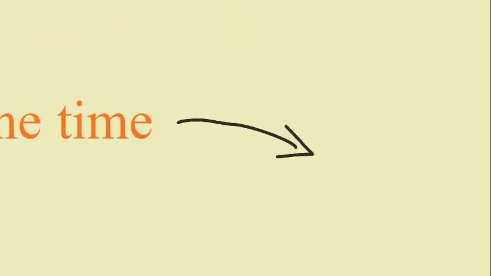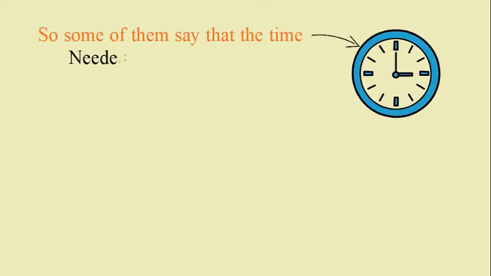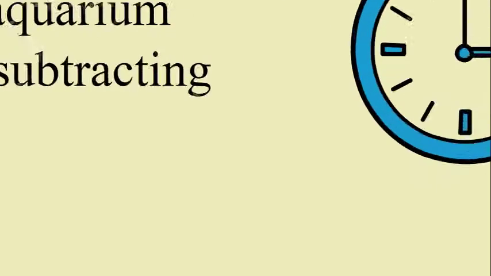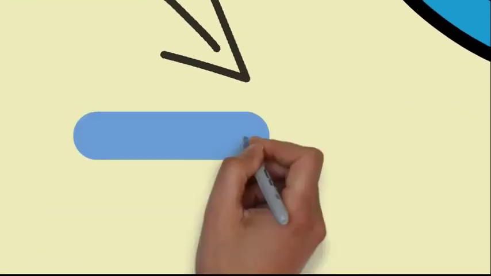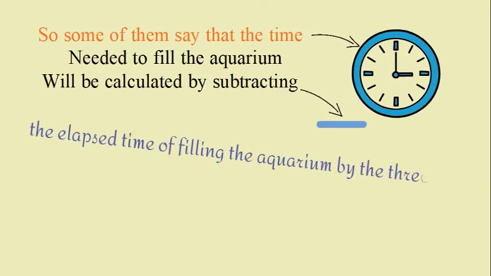So some of them say that the time needed to fill the aquarium will be calculated by subtracting the elapsed time of filling the aquarium by the three taps.